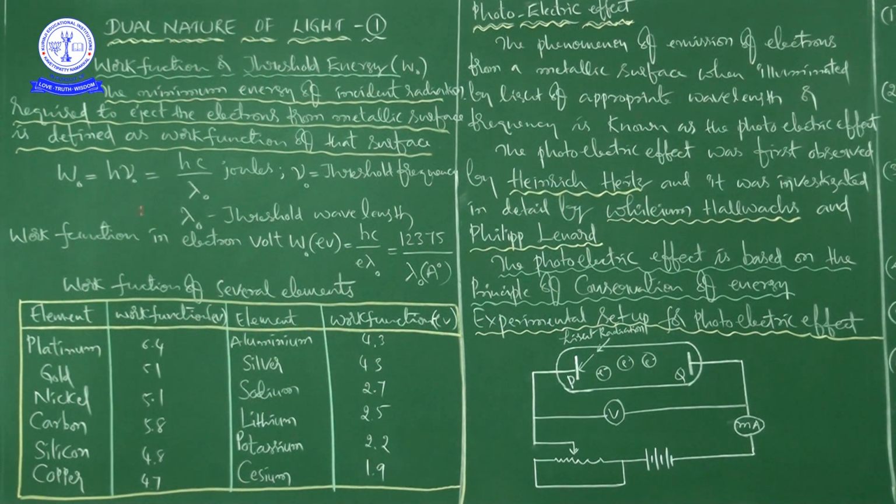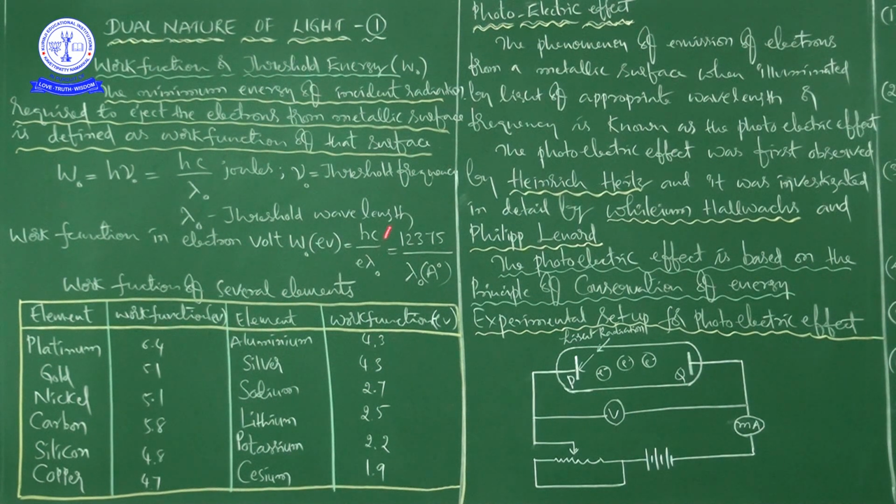So the same relation we are writing; this is the relation in joules. Shall we write this relation in electron volt? Yes, definitely. See here, the work function W naught in electron volt is equal to hc by E lambda naught, where h is the Planck's constant and c is the speed of light.